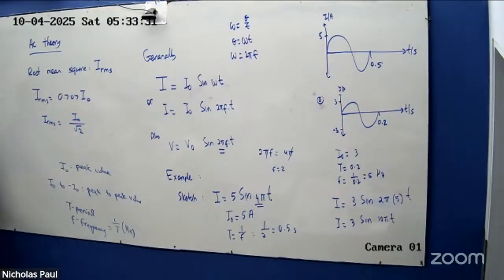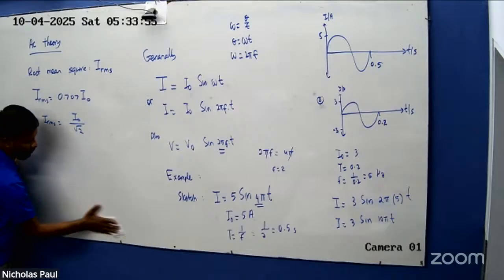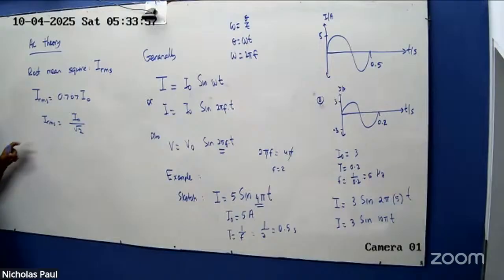Just a second, the 1 on root 2 there. 1 on root 2 is how much? Is that correct? Yeah. Right, so your RMS value is that, all the time.